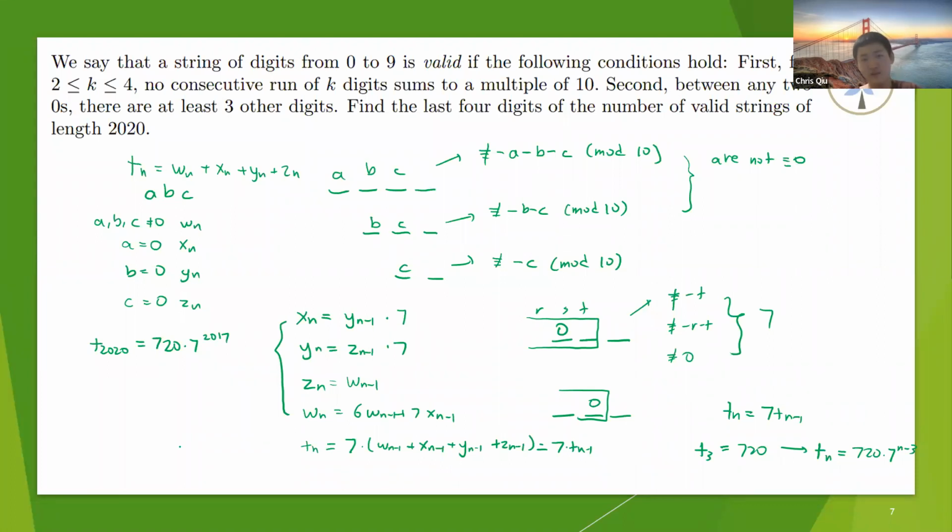And we're not done yet. We want to find the last 4 digits of this number. So if we go back to number 3, we can find the last 4 digits of a number by taking mod 10,000 of the number.